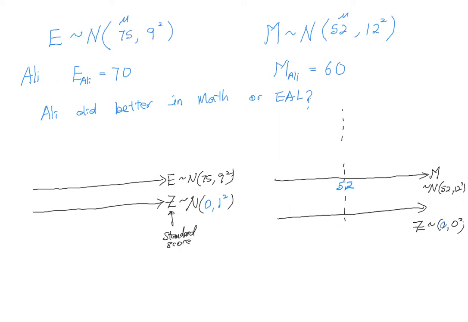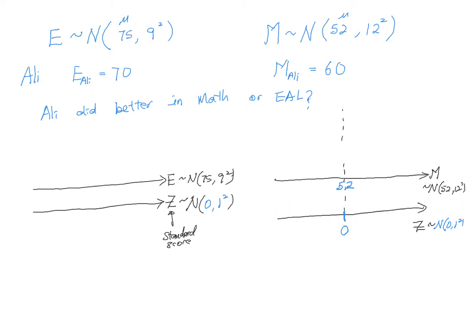I correct myself: mean is 0, standard deviation is 1 unit. So that means if you get 52 in math, your scale score will be 0. That is a normal distribution.